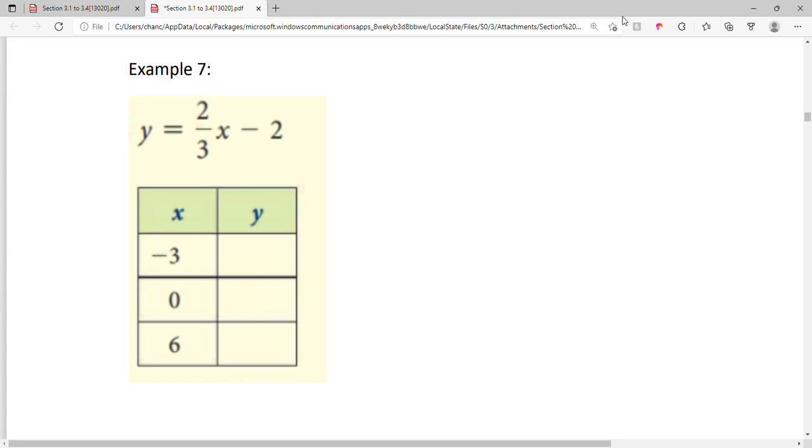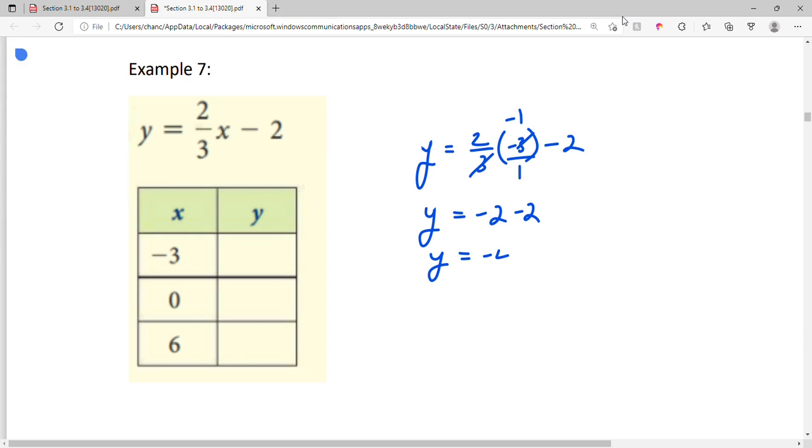For the first substitution, let's plug in x equals negative 3. So y equals 2/3 times negative 3 minus 2. We can reduce this. And so we have 2 times negative 1 on the top. That's equivalent to negative 2 minus 2. So y equals negative 4.